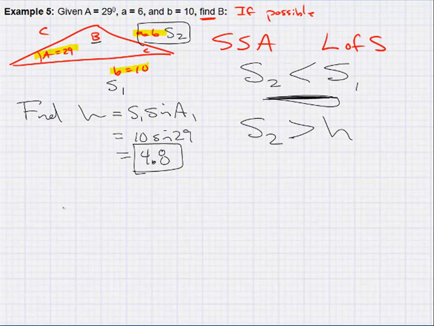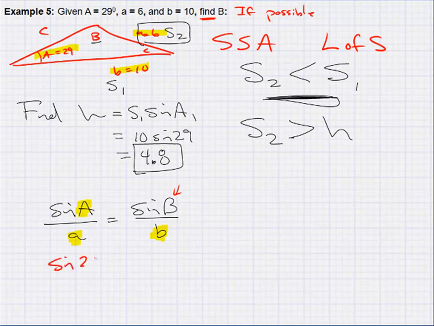So what do we know? Let's go with sine of A over a equals sine of B over b, because we know angle A, side a, and side b. We know 3 of the 4, so this will be a good formula to use. The thing we don't know we're putting on top. So we end up with sine of 29 over 6 equals the sine of B over 10.